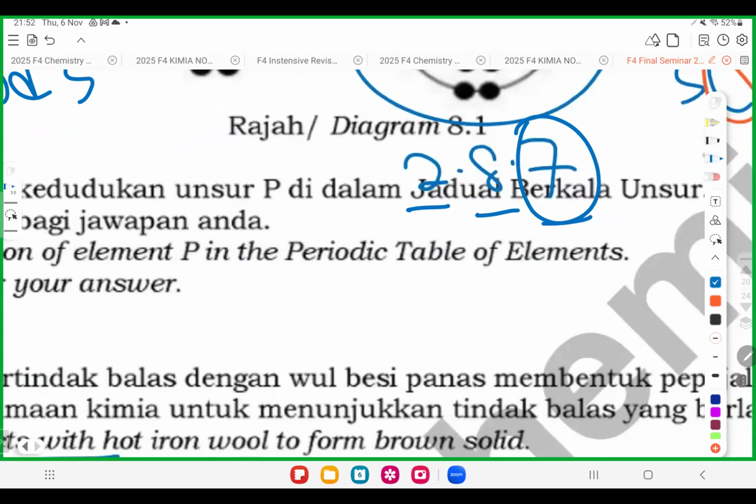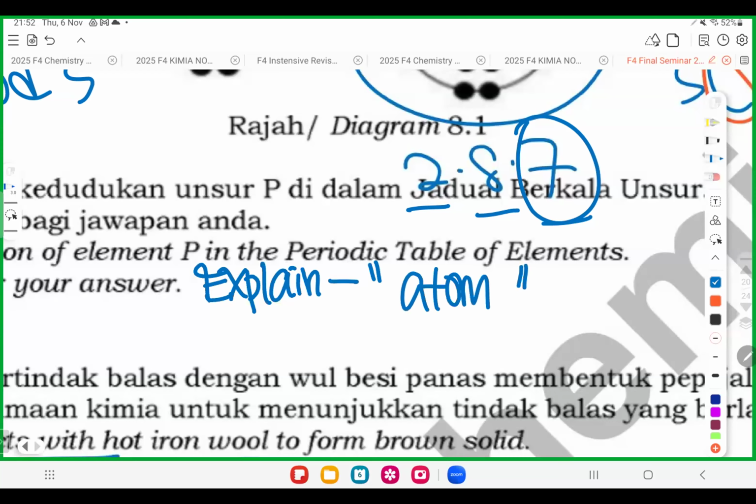Whenever you want to give any explanation, especially for periodic table, you have to put in the word atom.